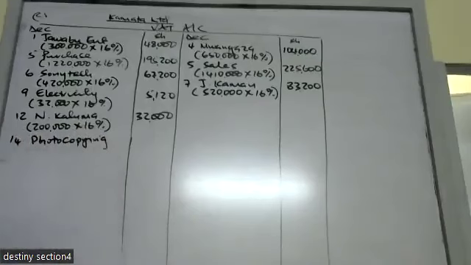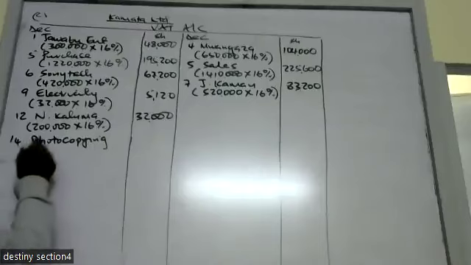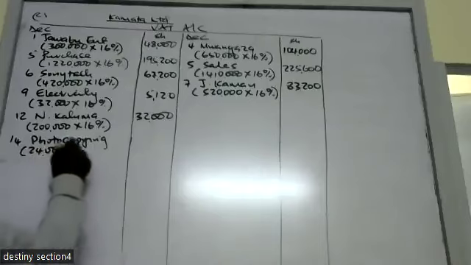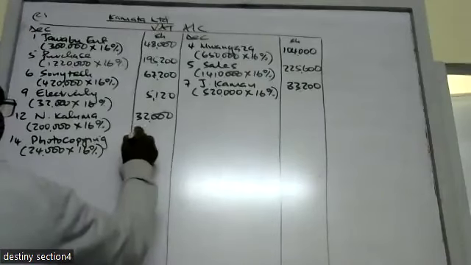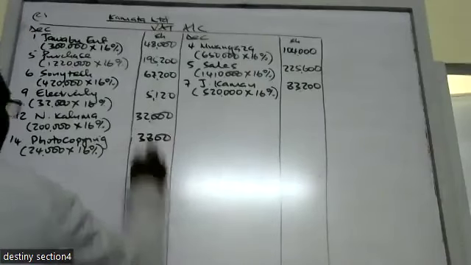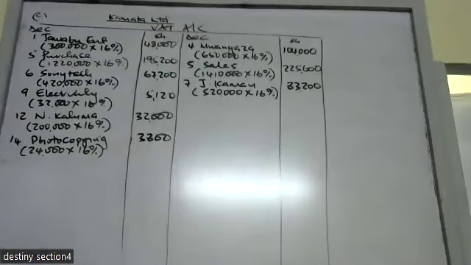So the value of photocopying is 24,000, and we get VAT at 16%, which is 3,840 for photocopying.